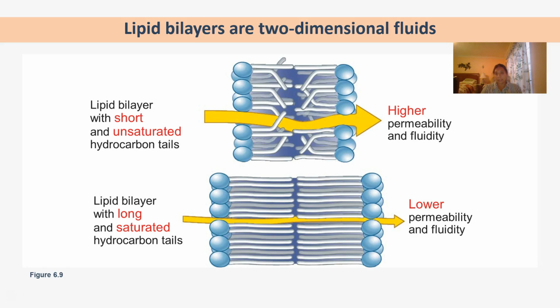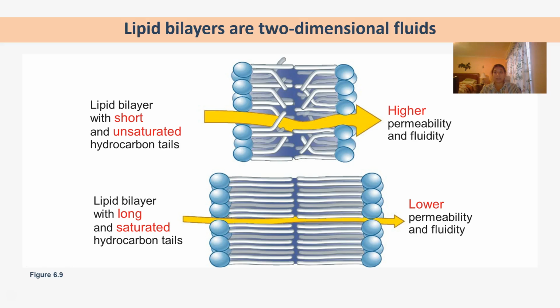On the other hand, if you have a lipid bilayer that has long and saturated hydrocarbon tails, you will reduce the permeability and fluidity of that membrane, because they are going to be tighter packed, right? They'll be more tightly packed, there'll be less gaps within them, so fewer molecules and smaller molecules would be the ones going through, and the molecules themselves won't be able to move around quite as much as the short unsaturated hydrocarbon tails.